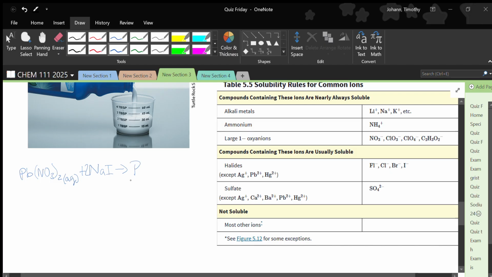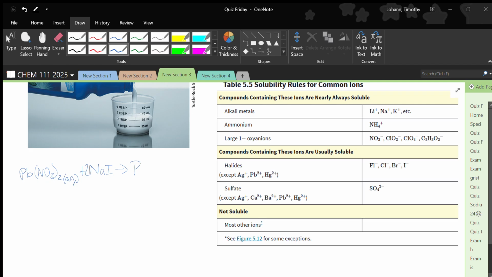What's the charge on lead over here? +2, because nitrate is -1, right? You're supposed to have that memorized, but it's over there if you don't. So we've got 2 of these, so I have to have +2 here to make that neutral.